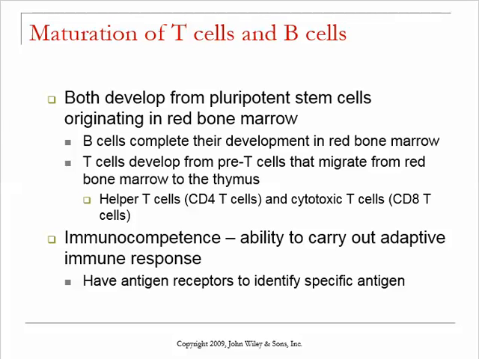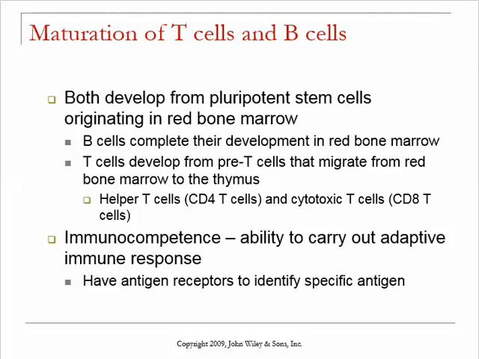There are two basic populations of cells. There are T cells that develop in the bone marrow and then become immunocompetent in the thymus, which is why they're T, and there are B cells that come from the bone marrow and then complete their development in the bone marrow.